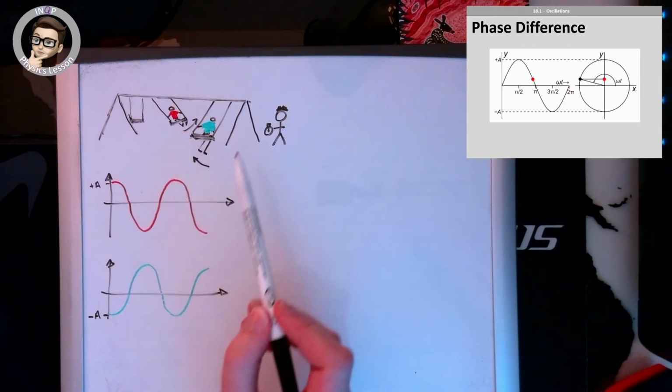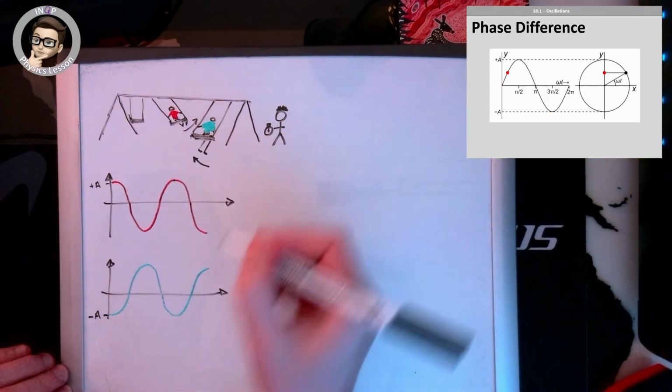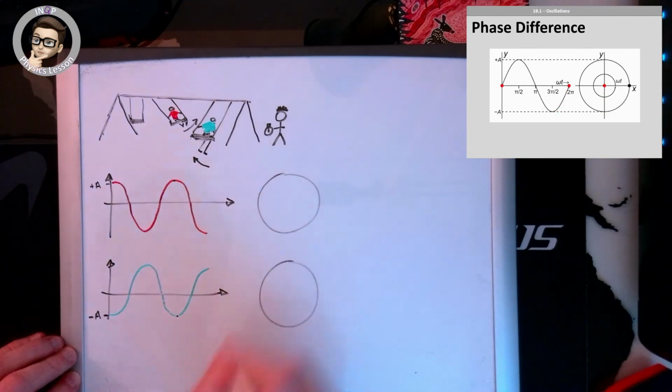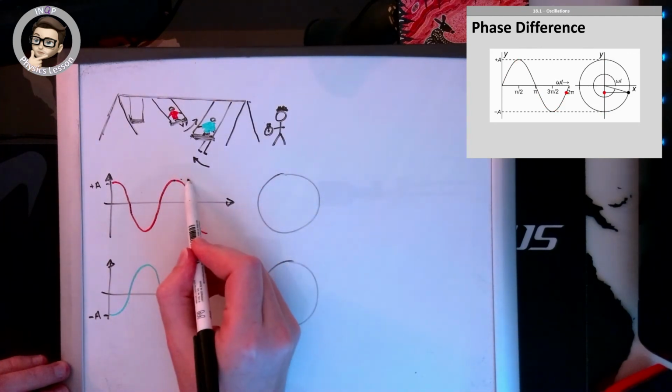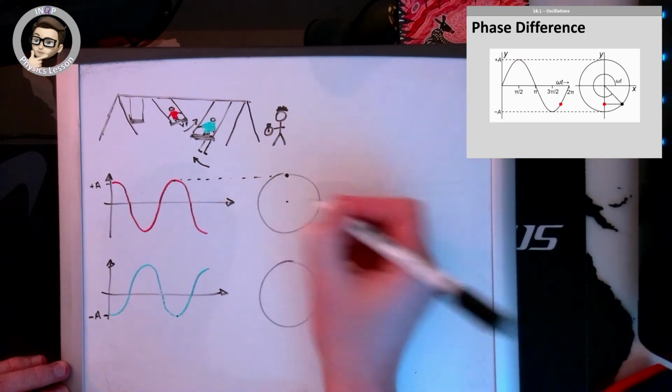If we look at the gentleman in the green t-shirt, we will find that he is starting at the negative maximum displacement, and he's moving towards 0, and then going to move positive, and then back to 0, and then negative, etc. So if we were to do two phasors of this, so that is our circles, then I would have a point here where that's my center.